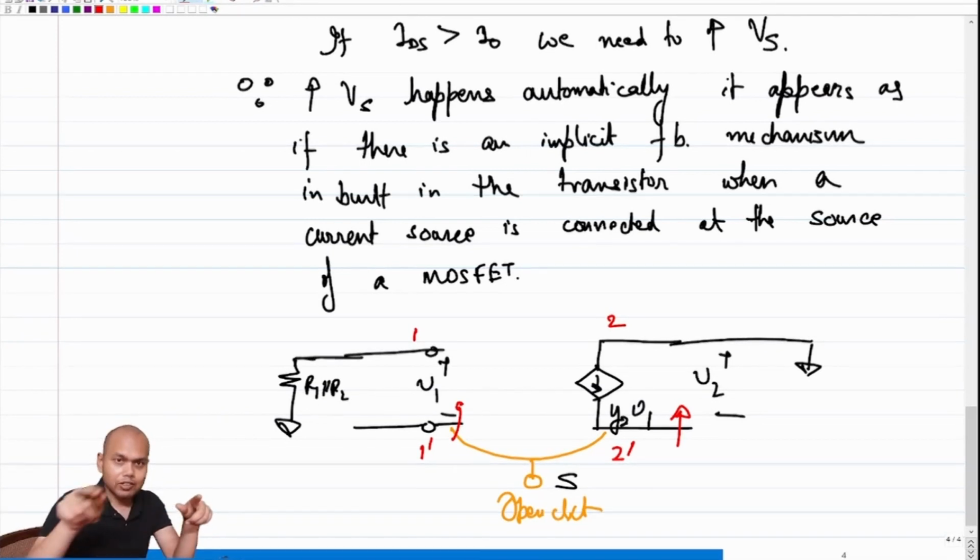So there is a transference of information from the output port to the input port through the connection in the source, provided that the source is open circuited, or provided the source is not grounded.